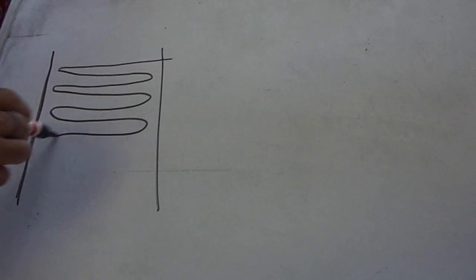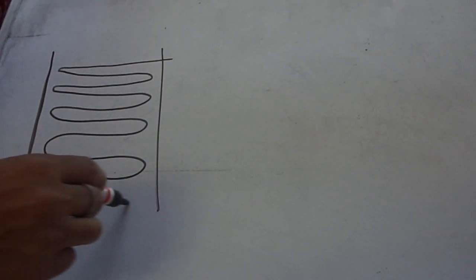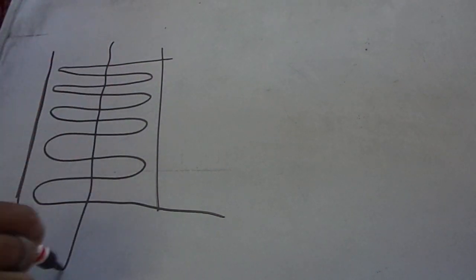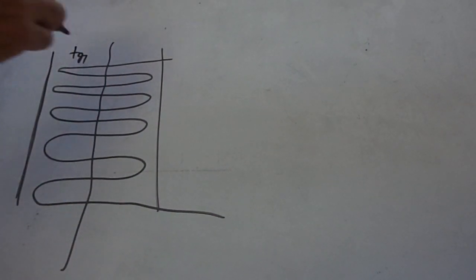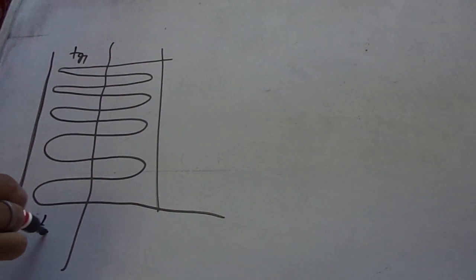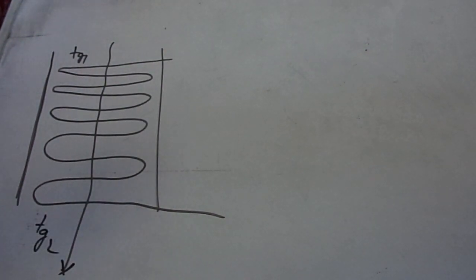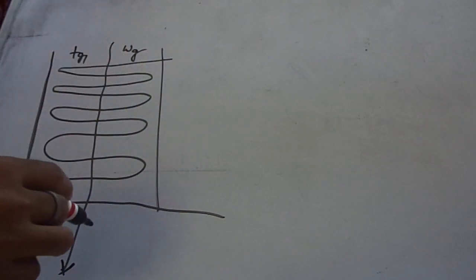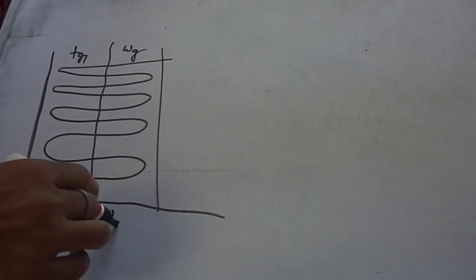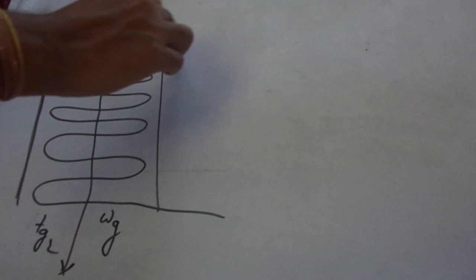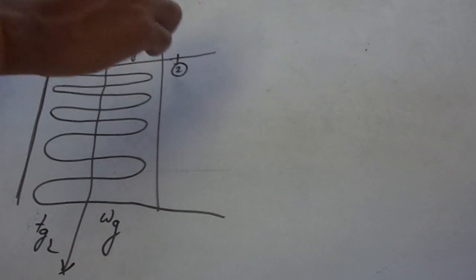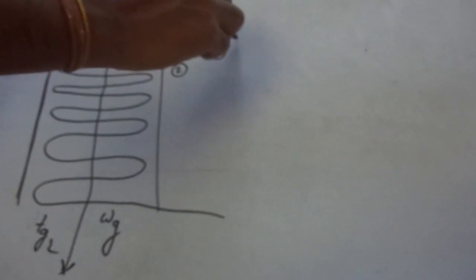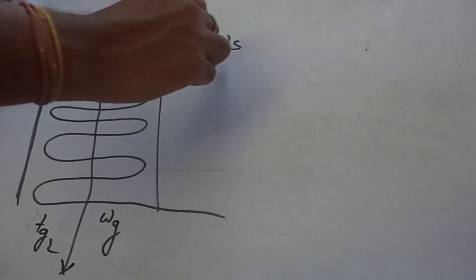First one, this is the Tg1, Tg2, Wg, Wg, Ws to RSH.